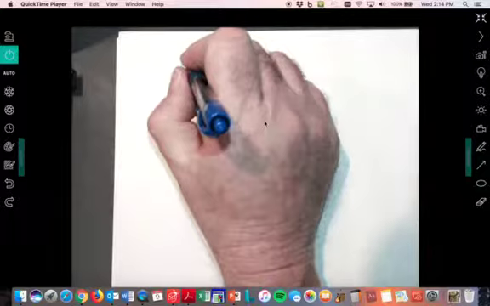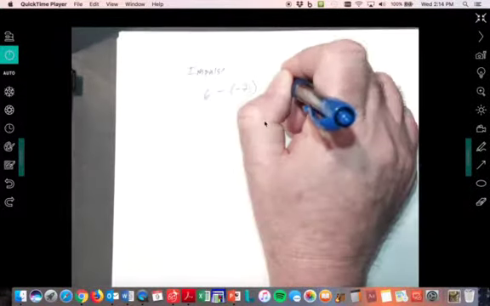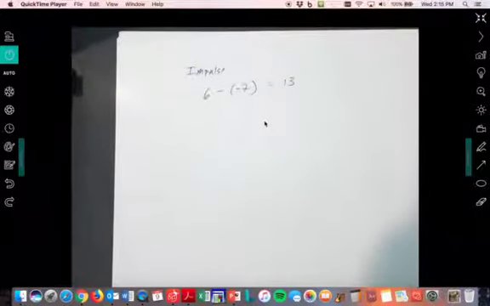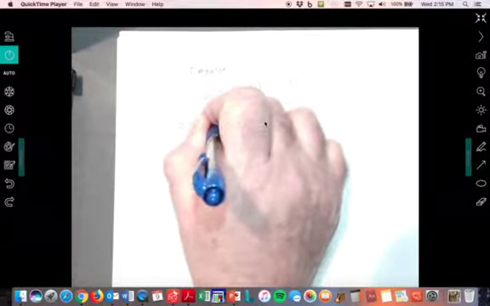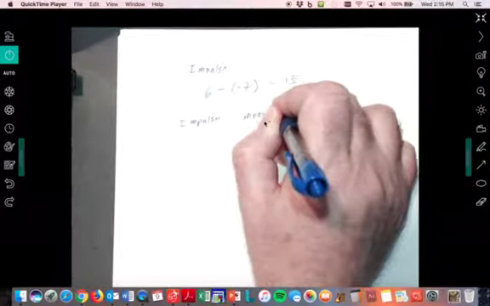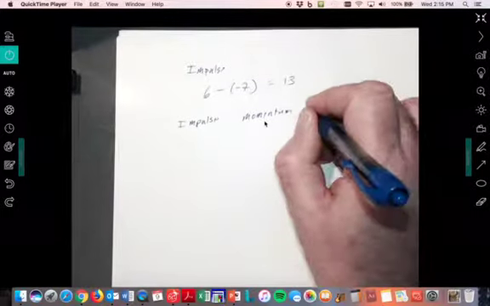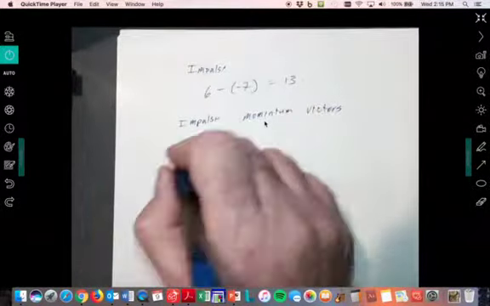So this is my impulse discussion here. This equals 13. And you got to remember that impulse and momentum are vectors, and so it's important that we keep our vectors, and that we know that direction matters.